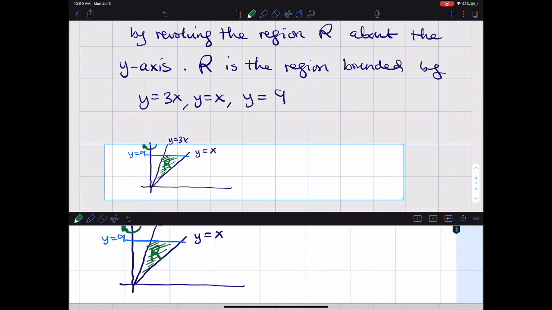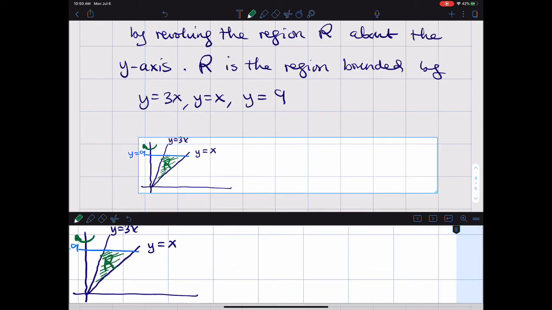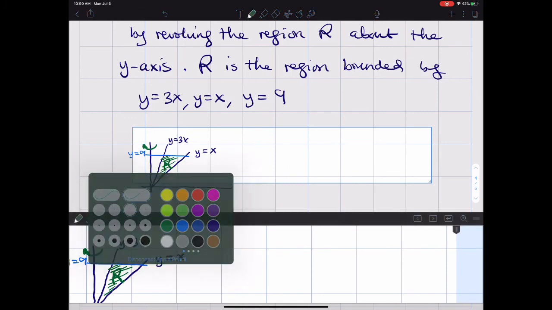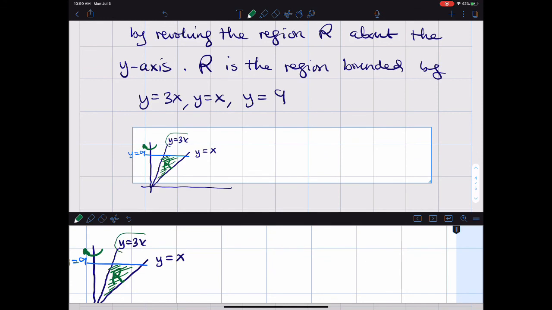Okay. So your integration has to be in terms of y. So you have to rewrite a bunch of things. But you don't even have to. You only have to rewrite this particular one a little bit. So I want you to try it and tell me the answer you get. Or maybe let me try it with you.